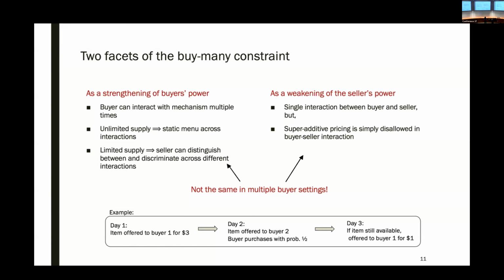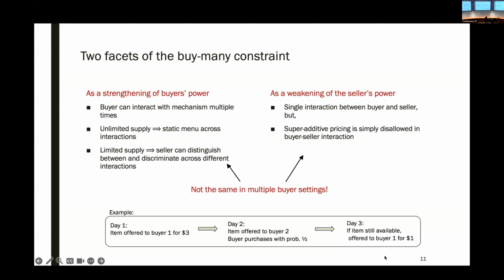So from buyer one's perspective, if they give up on the $3 price tag, then they don't have another opportunity to get the item with more than 50% probability. But if the second buyer also rejects the item, then the first buyer can come back and purchase the item at a discount.